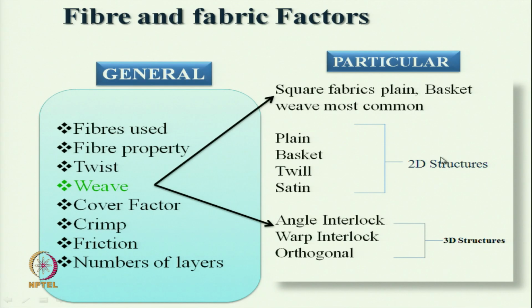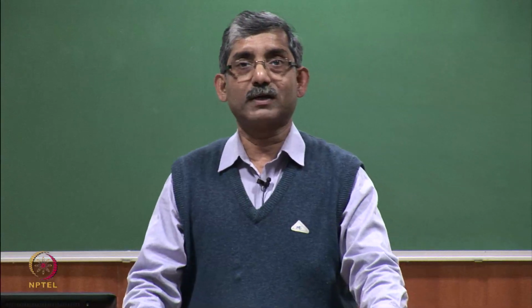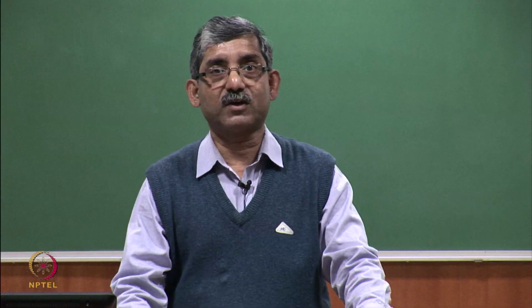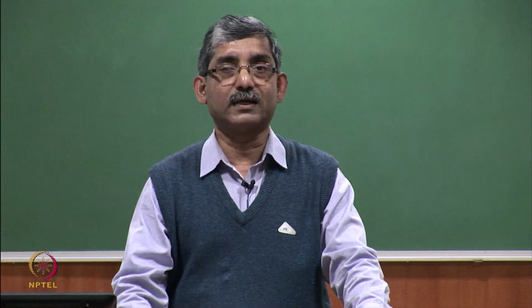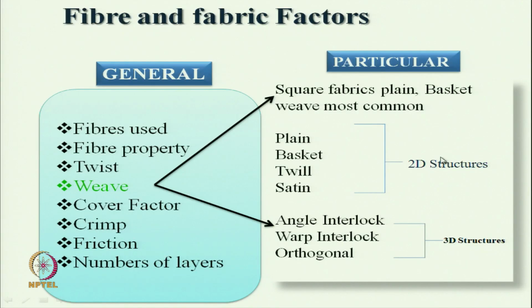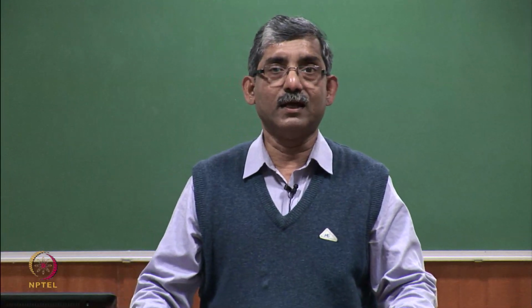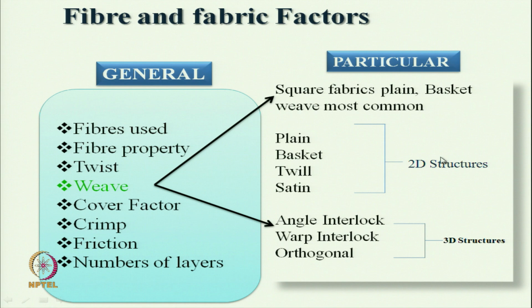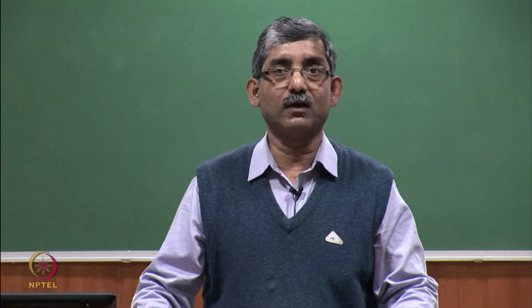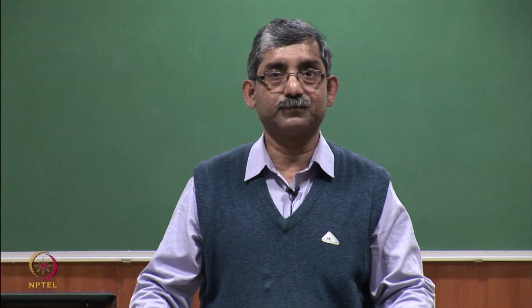Basket weave is most commonly used. Apart from basket weave, the plain structure, twill and satins are also used. As far as 3-dimensional structures are concerned, angle interlock, warp interlock and orthogonal structures are used.